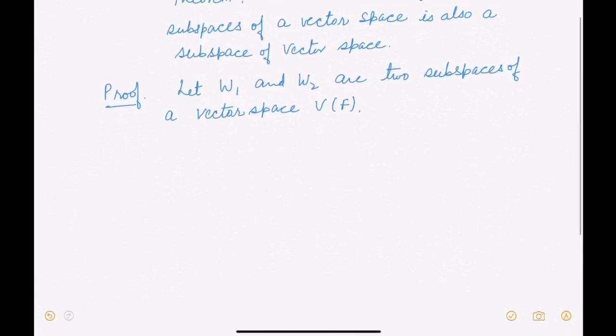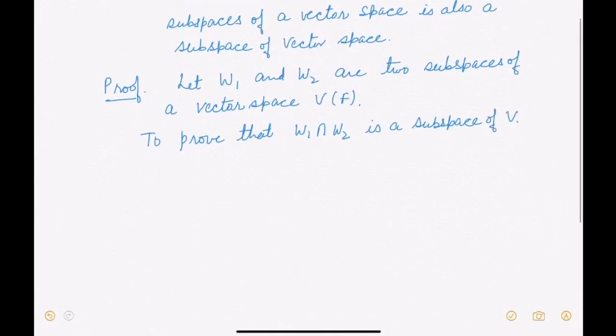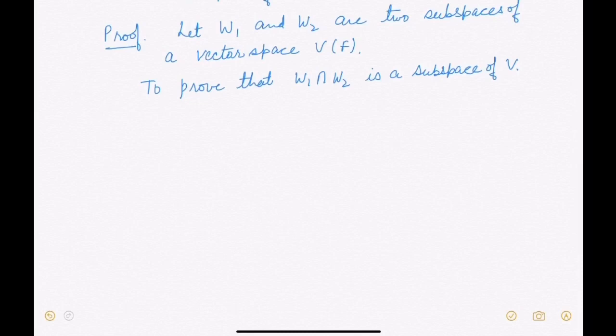So what do we need to prove? To prove that W1 intersection W2 is a subspace of V. For this, let us take two elements alpha, beta belonging to the field, and two elements U and V belonging to W1 intersection W2.